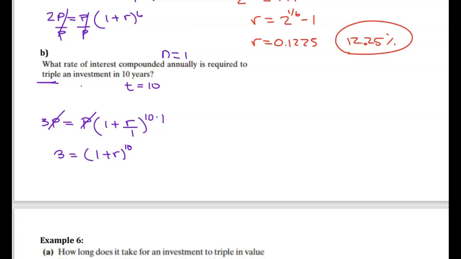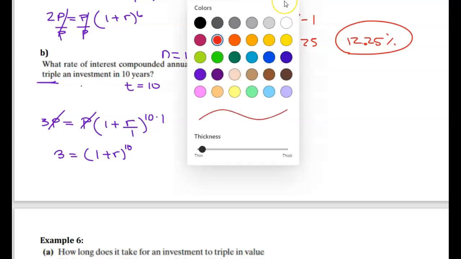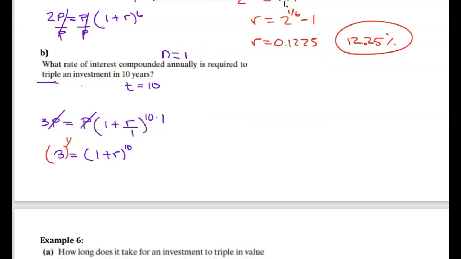Now we're going to raise both sides to the 1 over 10 for the exponent. 10 times 1 over 10 is 1. And we get 3 to the power 1 over 10 equals 1 plus r. So r equals 3 to the power 1 over 10 minus 1. All right, we do that with a calculator.